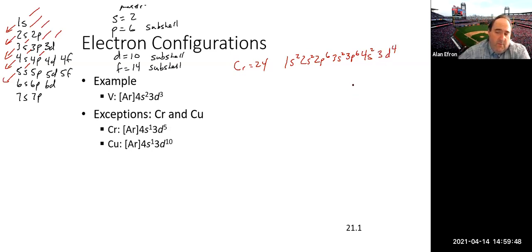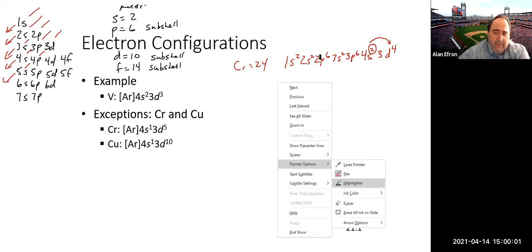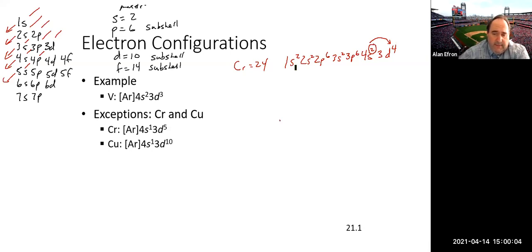And the exception is found experimentally. Chromium is actually more stable with an extra electron up there in the d orbital versus the s orbital.